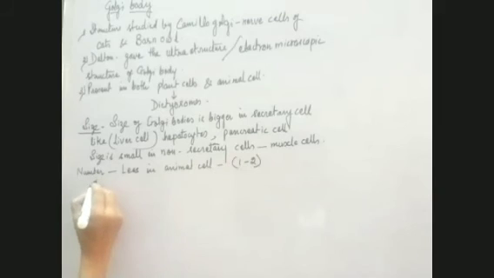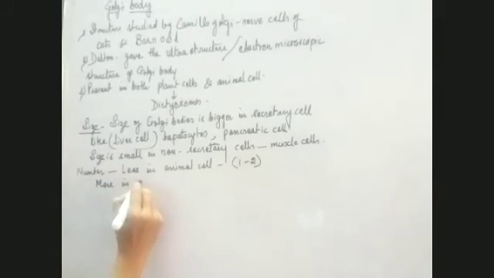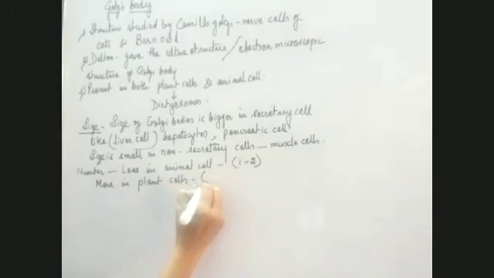It can sometimes be 2, and more in plant cells. In plants their number can be 6 to 10.